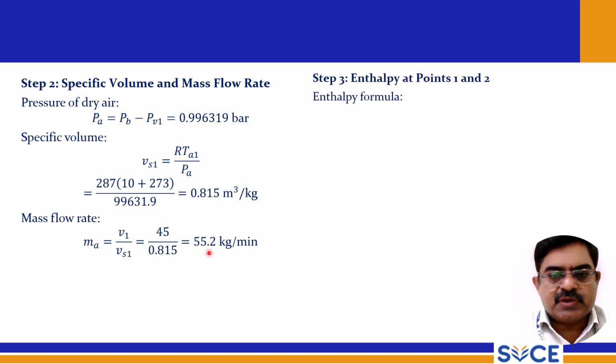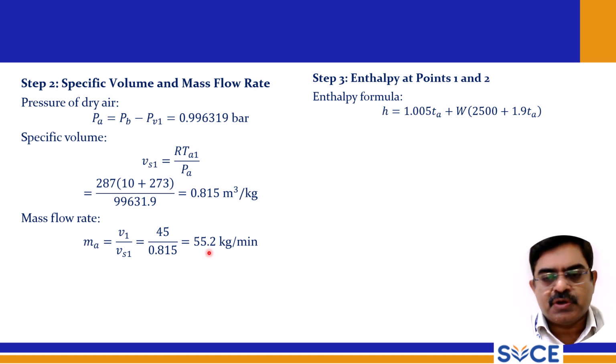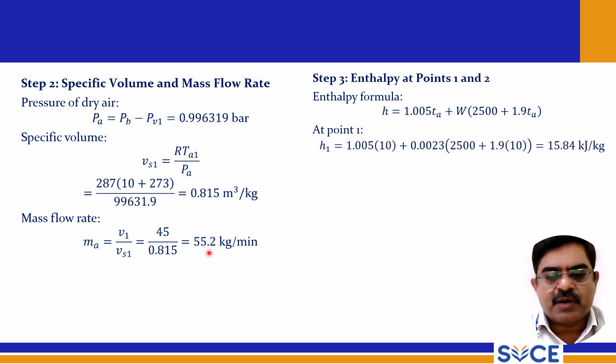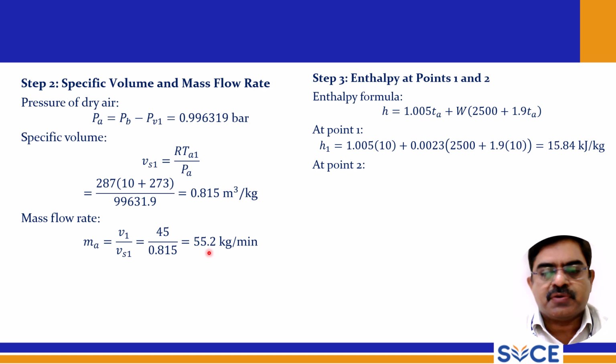So enthalpy at point 1 and 2 we can find out very easily. So H equal to 1.005 Ta plus W into 2500 plus 1.9 Ta. So at point 1 we can find out it as 15.84 kilojoules per kg.